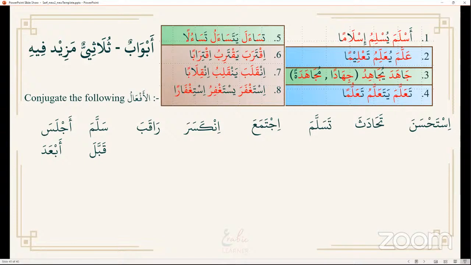Good. Shahada. So this is again from the bab of Jahada, yujahidu. Shahada yushahidu. Yes. Mushahadatan.